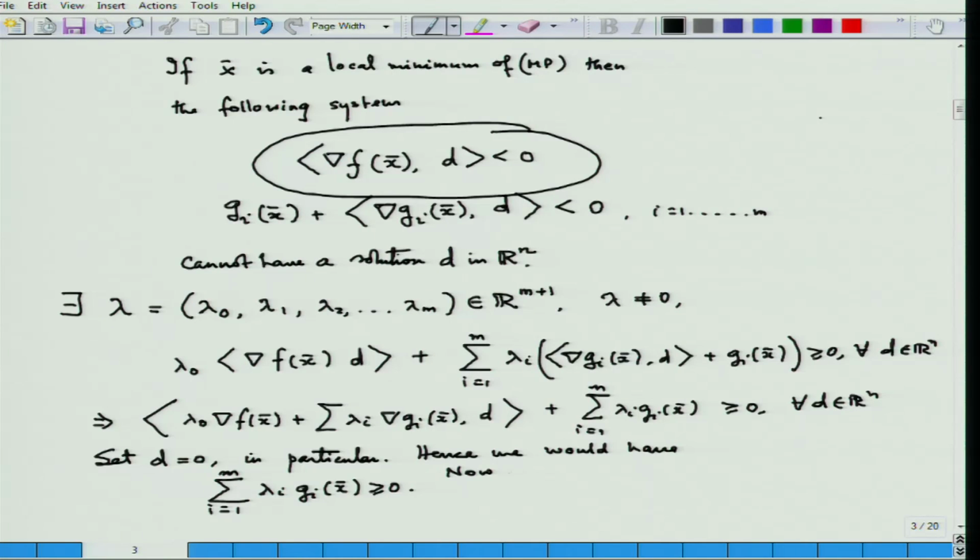Now, as x bar is the solution, is a local minimum, it would imply that for all i, g i x bar must be less than equal to 0 for all i from 1 to m, because x bar has to be a feasible element, and because lambda i's are all greater than equal to 0, it is in R m plus.